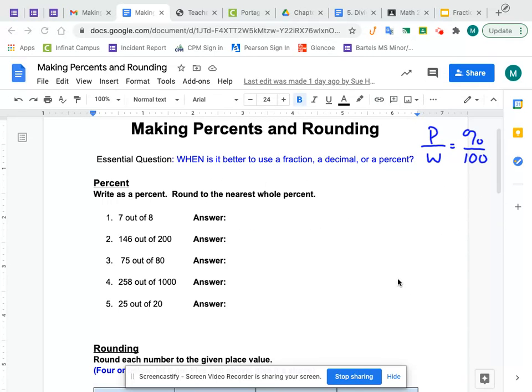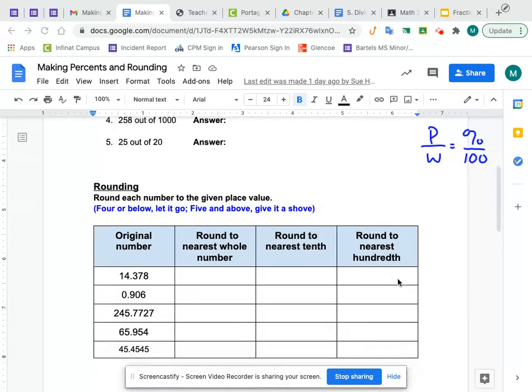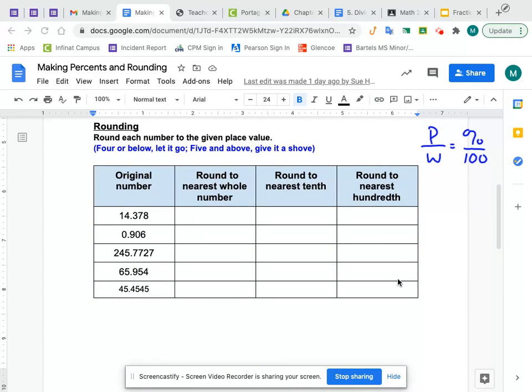So now if I go down to the next section, we're going to talk about some rounding because for some of our problems or the questions on the assignment today here, you need to make sure that you round to certain place values. So my original number, the first column I have to round to the nearest whole number. Well, I'm going to look at that first number after my decimal point.